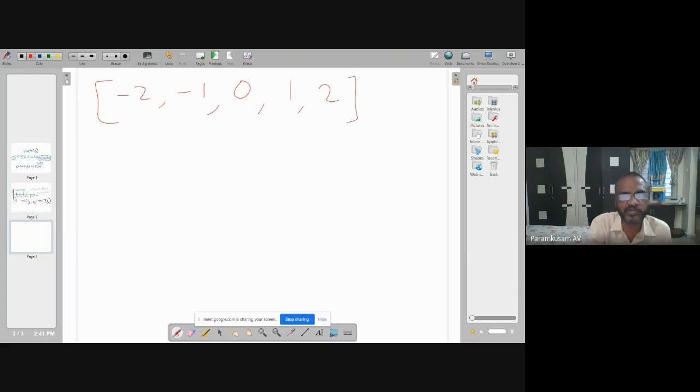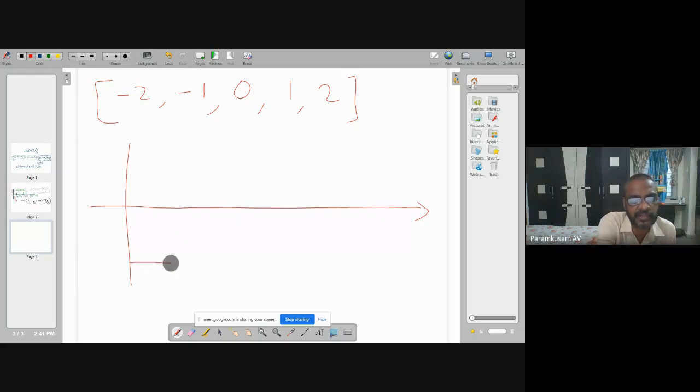How many possible values are there? Only 5 possible values. Now I will draw a signal. The signal at any instant of time has any one of these possible values.